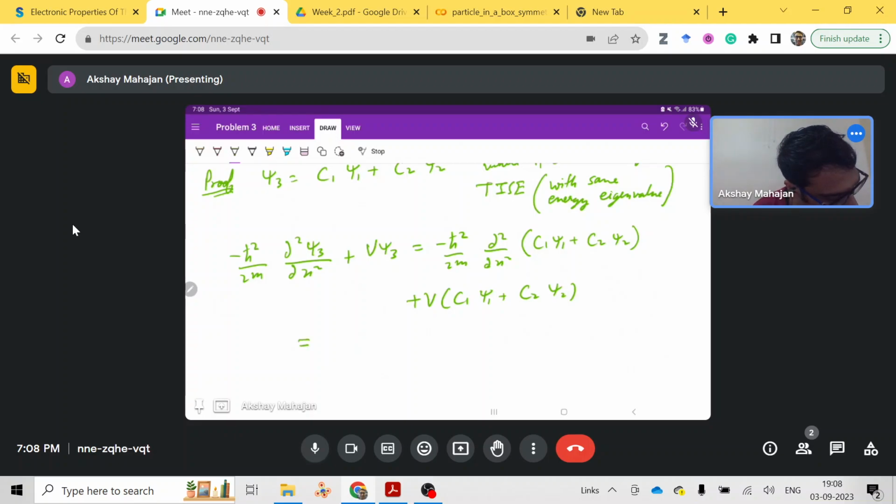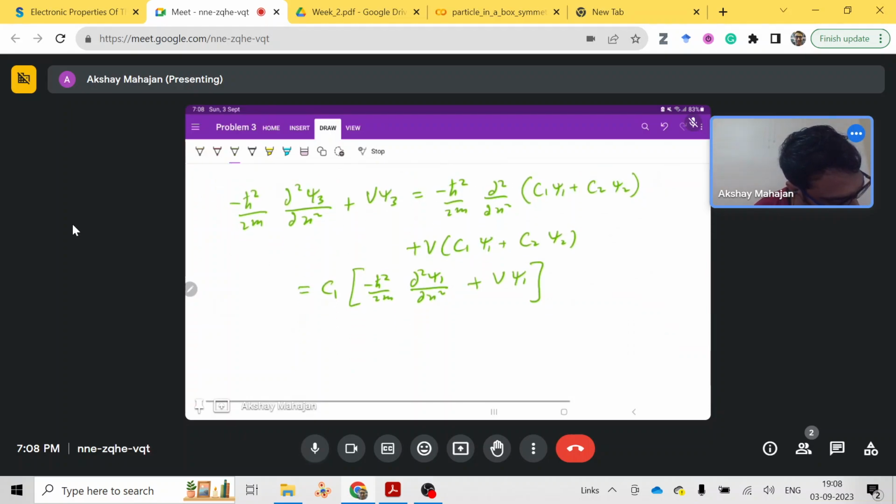This gives C1 times minus h bar square by 2m del square psi 1 by del x square plus V psi 1, plus C2 times minus h bar square by 2m del square psi 2 by del x square plus V psi 2.